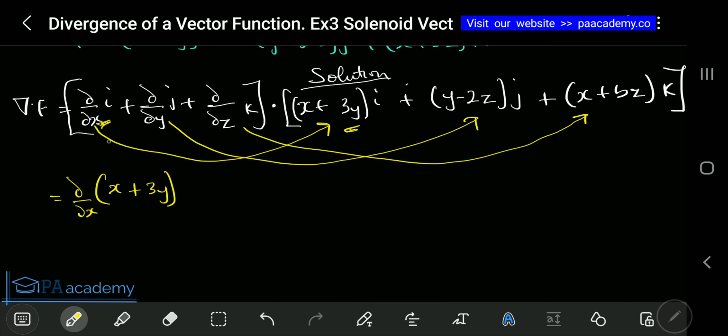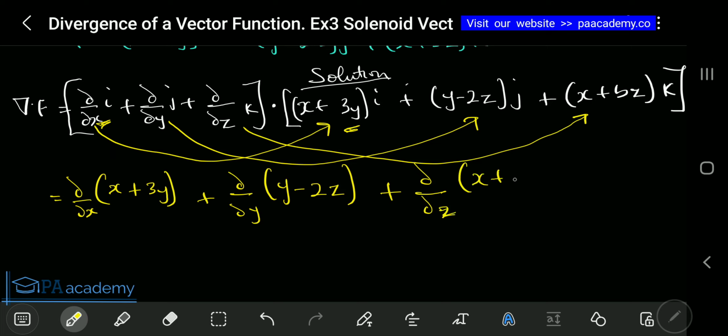Don't forget, once they are multiplying each other, the i, j and k will no longer be there. So plus the partial derivative with respect to y multiplied by y - 2z, plus the partial derivative with respect to z multiplied by x + bz. Are we good?